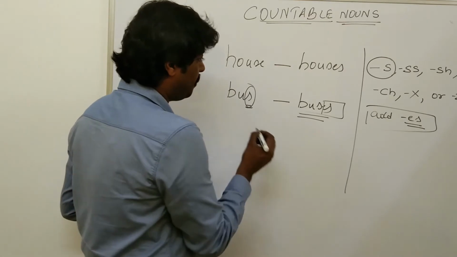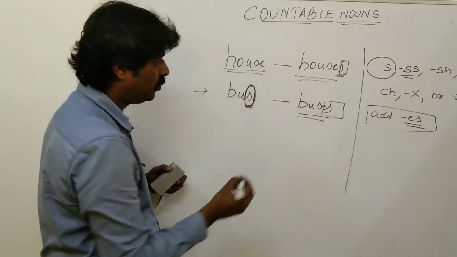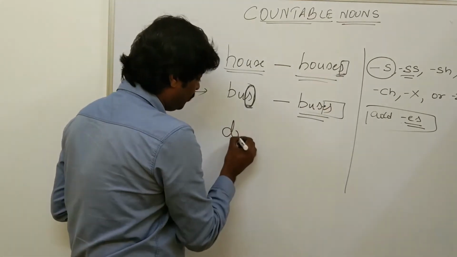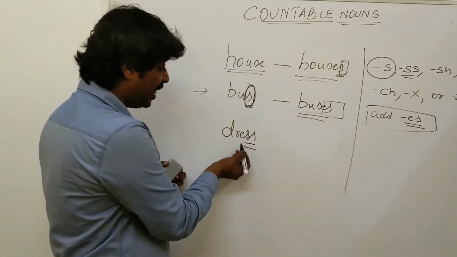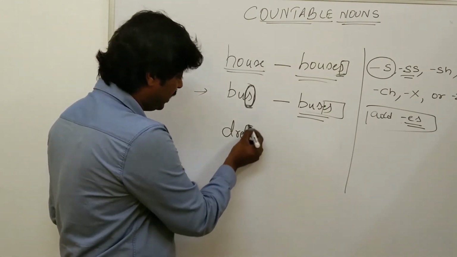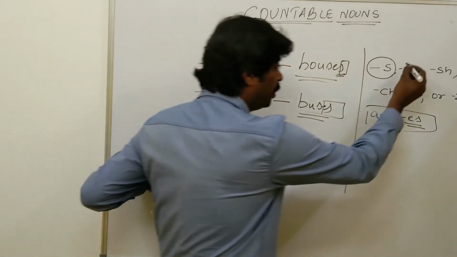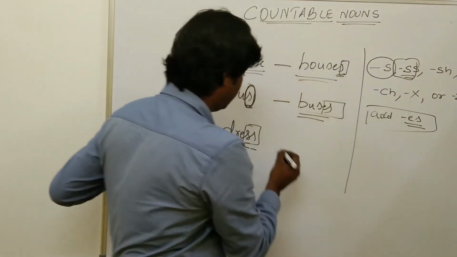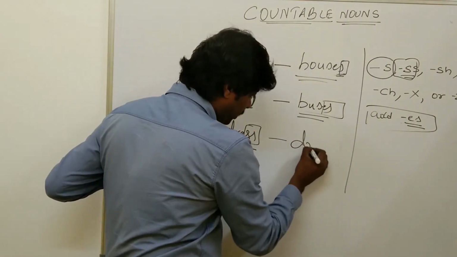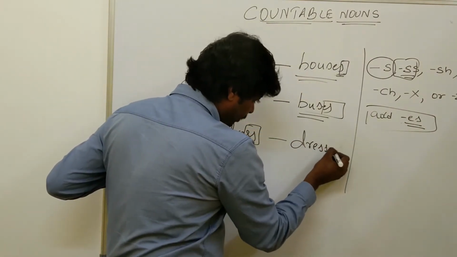Now dress. So this noun is ending with double s. So here we have two s. So we need to add es. So it becomes dresses.